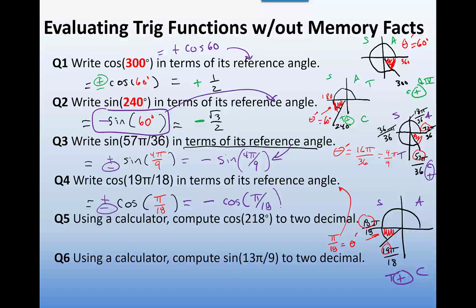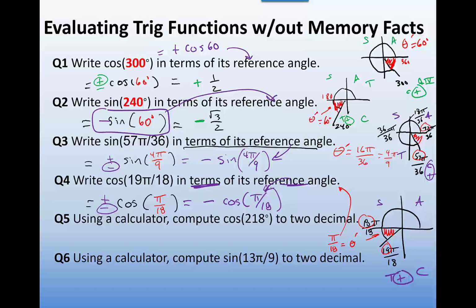Now the reason I'm saying final answer is because we have not memorized the cosine of pi 18ths. So when Newton says in terms of the reference angle, there's the reference angle. So number 4 equals that final expression, negative cosine of pi 18ths, in terms of the reference angle.